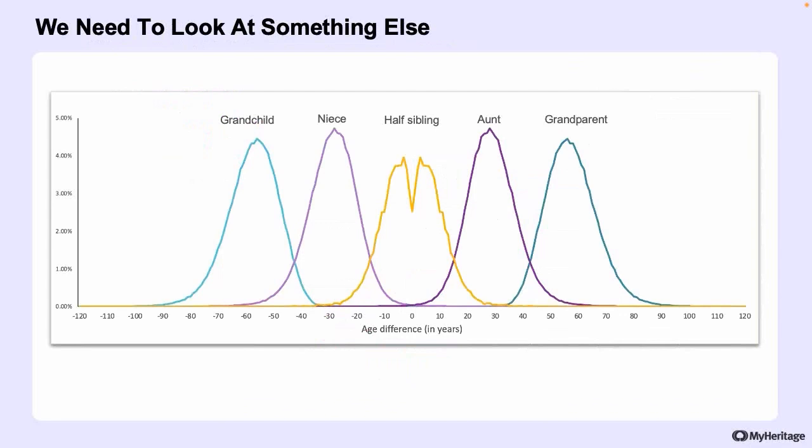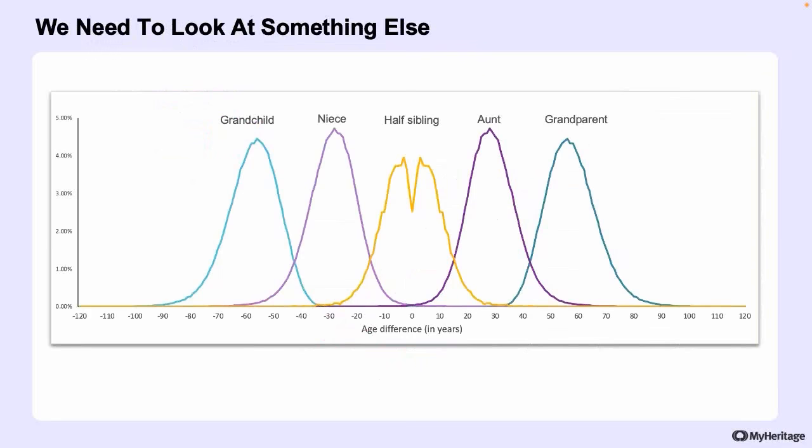Someone who is my grandchild will be on average 60 years younger than me. But if someone is my half sibling, it can be from 1 to 30 years of difference.